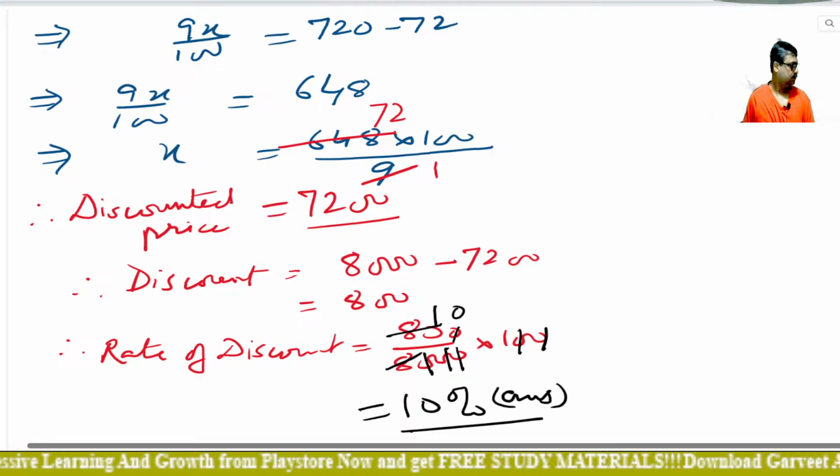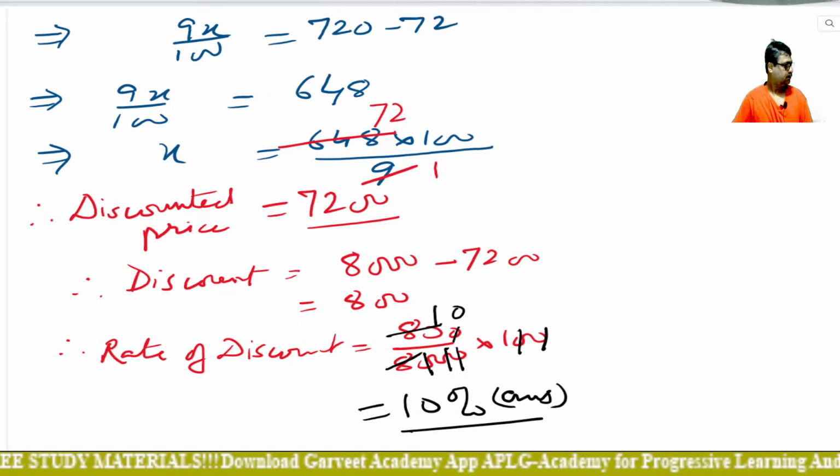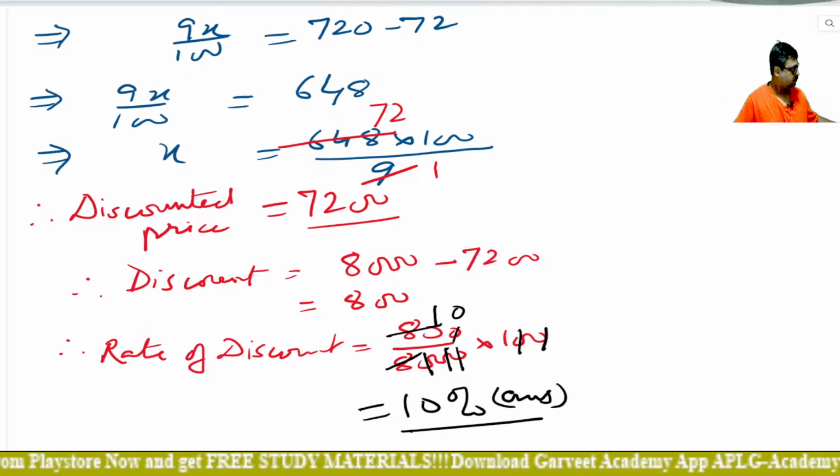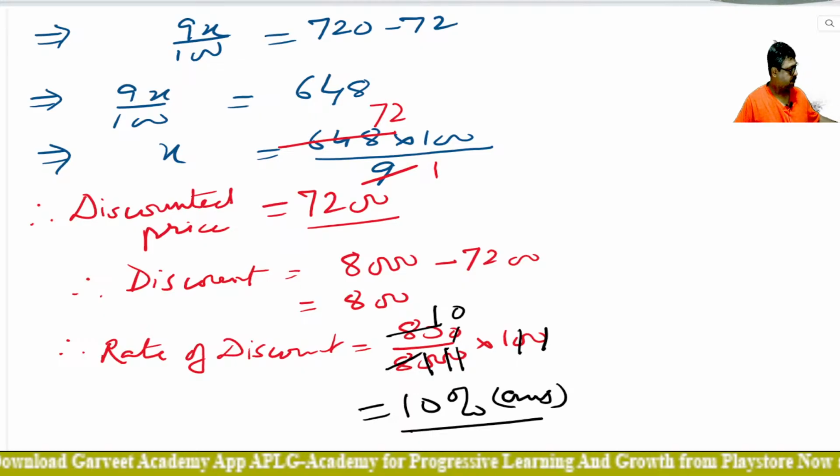Okay. So GST is clear now. Great. Any other question from any other chapter?